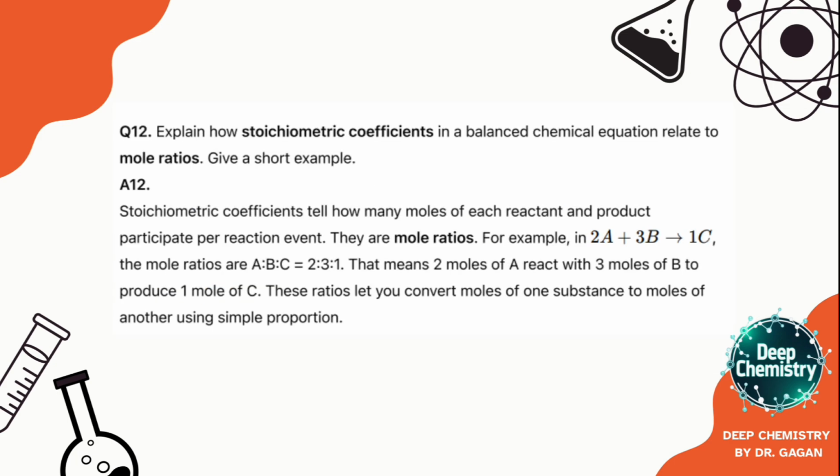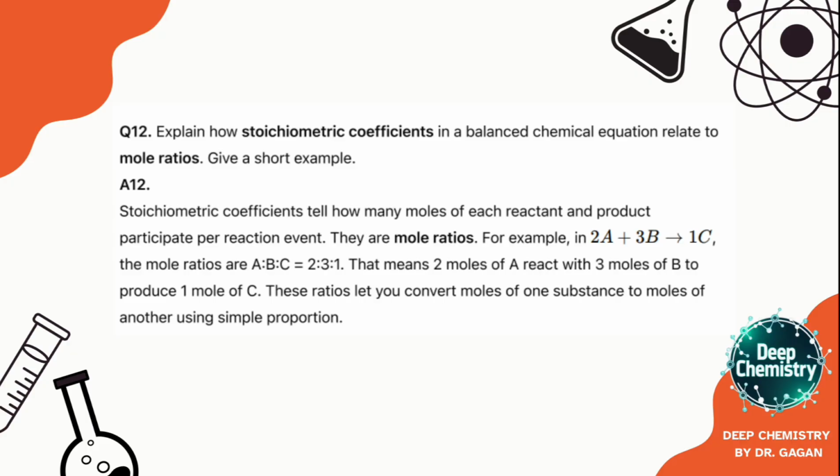Question number 12. How do stoichiometric coefficients relate to mole ratios? Stoichiometric coefficients show the ratio in which substances react. For example, 2A + 3B gives C. The ratio of A to B to C equals 2 to 3 to 1.